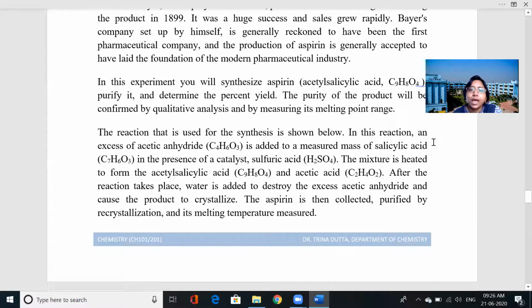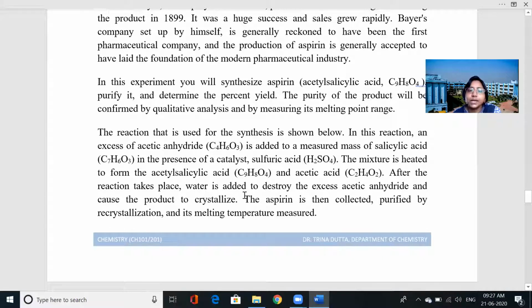In this reaction, an excess of acetic anhydride, formula C4H6O3, is added to a measured mass of salicylic acid, C7H6O3, in the presence of a catalyst, sulfuric acid. The mixture is heated to form acetyl salicylic acid and acetic acid.